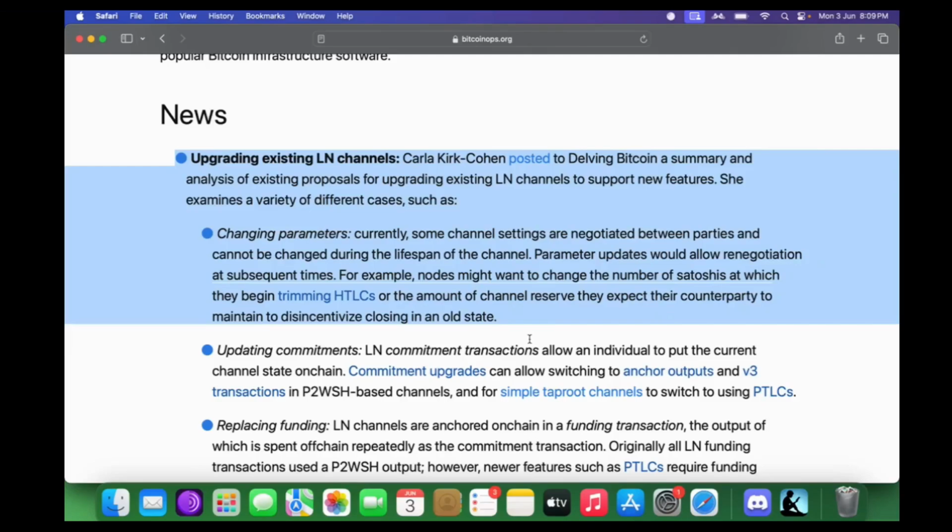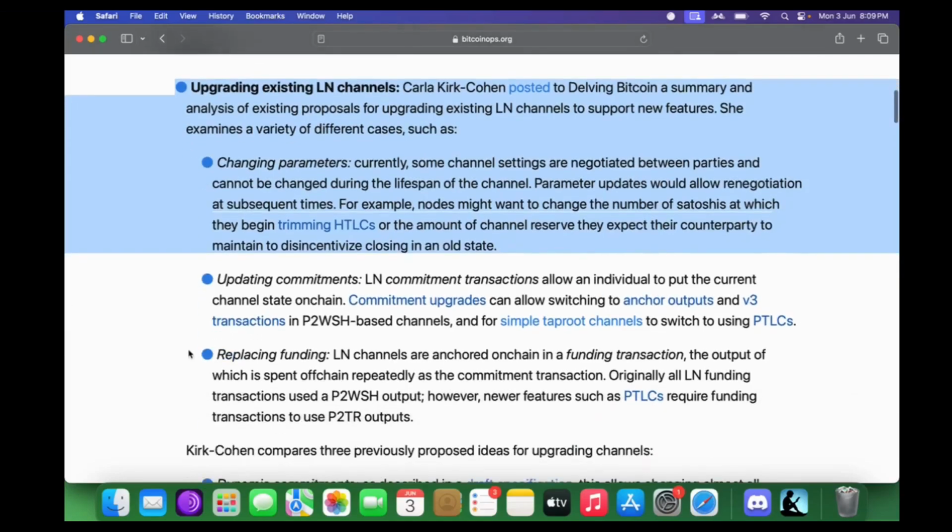Currently, some channel settings are negotiated between parties and cannot be changed during the lifespan of the channel. Parameter updates would allow renegotiation at subsequent times. For example, nodes might want to change the number of satoshis at which they begin trimming HTLCs, or the amount of channel reserve they expect their counterparty to maintain to disincentivize closing in an old state.